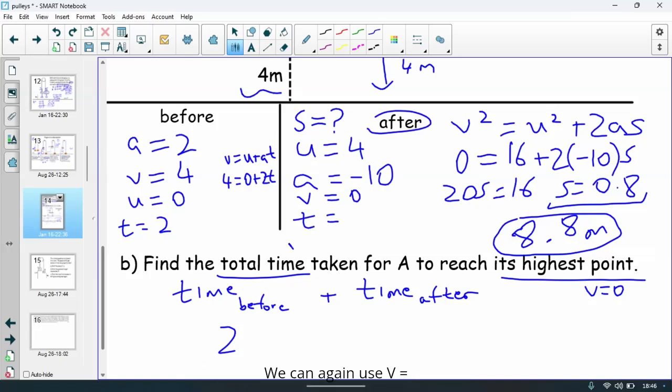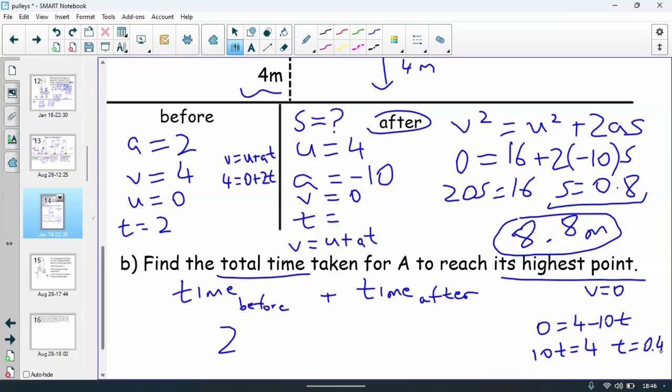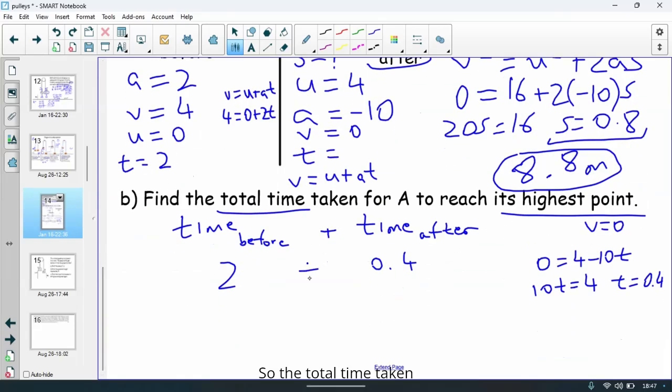We can again use V equals U plus AT. So V is 0, 4 minus 10T. So the total time taken for A to reach its highest point is 2.4 seconds.